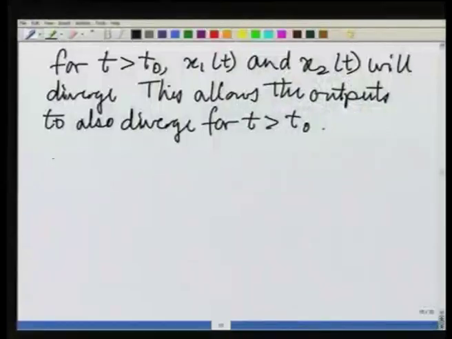Some examples. Let us take closed form examples.